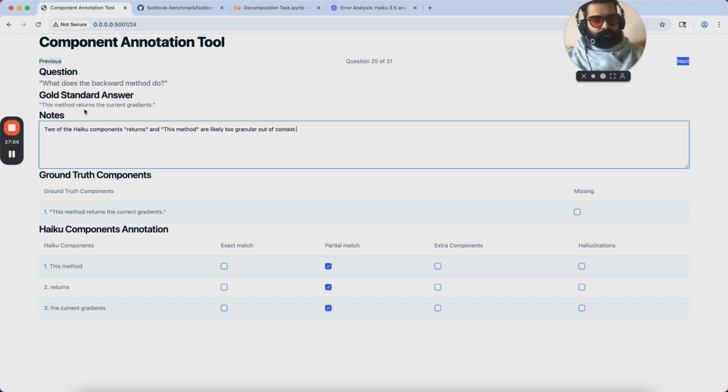So we'll see. I think the current gradients is the strongest match for the gold context.